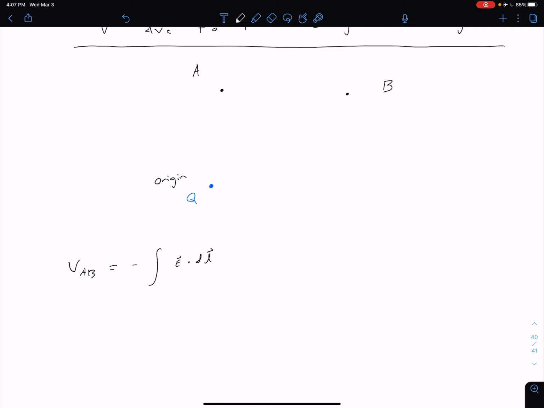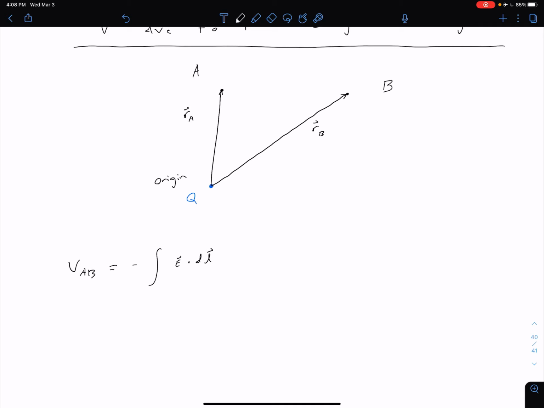So what we need to do first is somehow identify the position of points A and B. And so of course what we can do is use position vectors. So we can say point A is identified in space by position vector RA, and point B is identified by some position vector R sub B. And so notice I've said my Q is at the origin, but of course we're going to generalize and see how it can be related just to distance from our point charge.